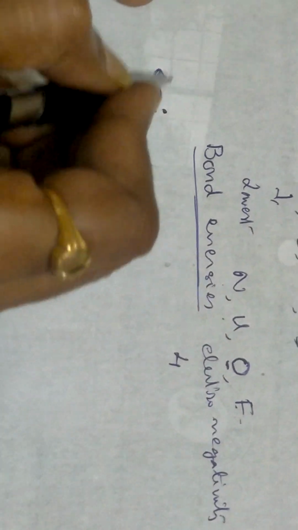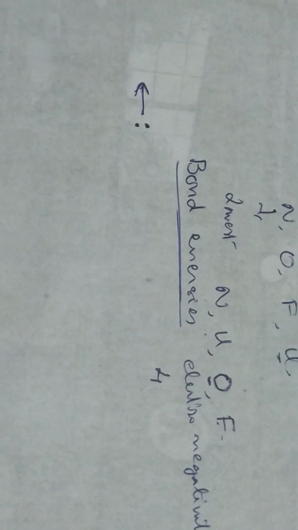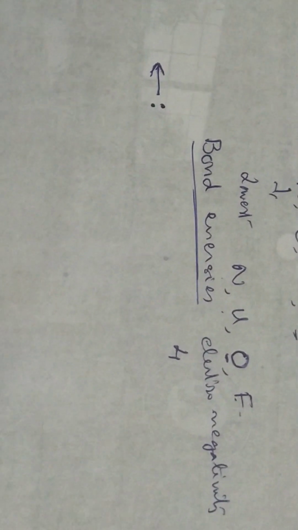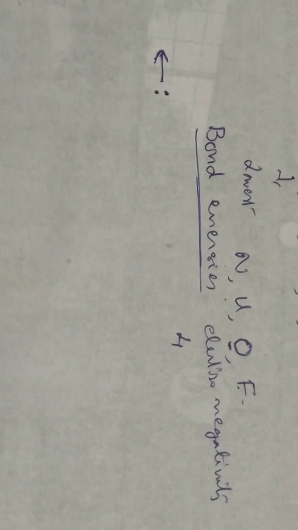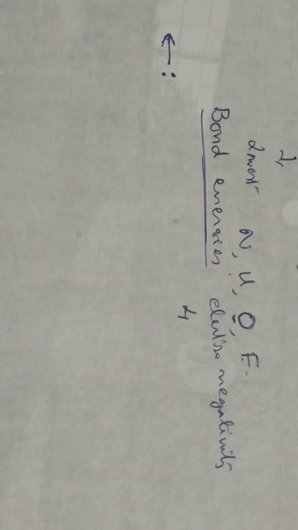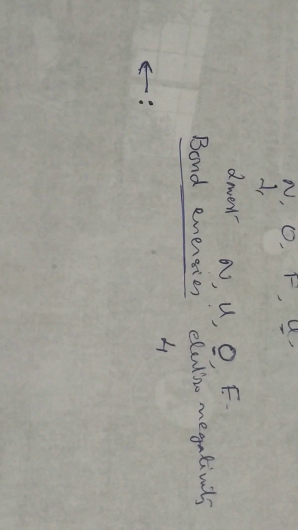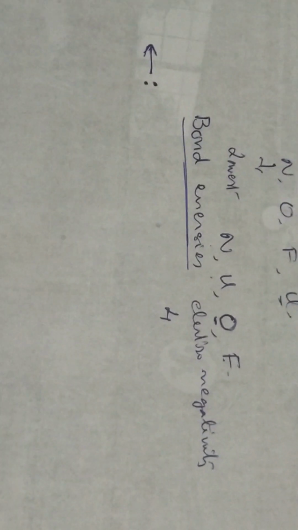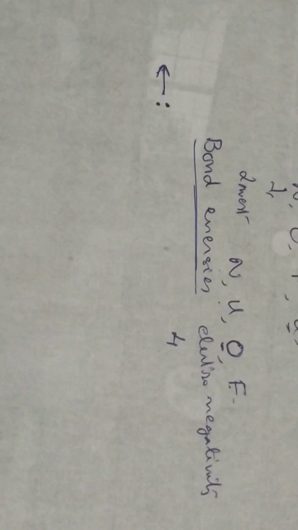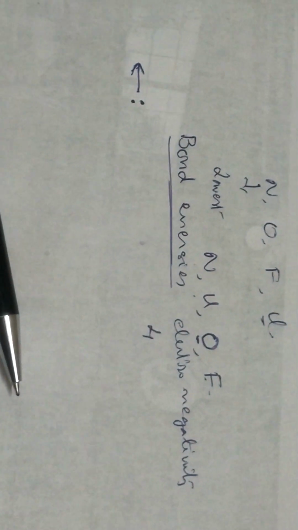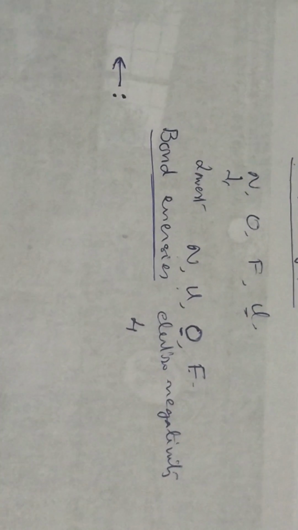This is the pulling capacity of a shared pair of electrons, shared between two atoms. Because of that, the ionic character will improve, which we will see in chemical bonding. Whenever a question is asked, there are many things like repulsion and attraction, but remember, it is the ability to pull the shared pair of electrons.